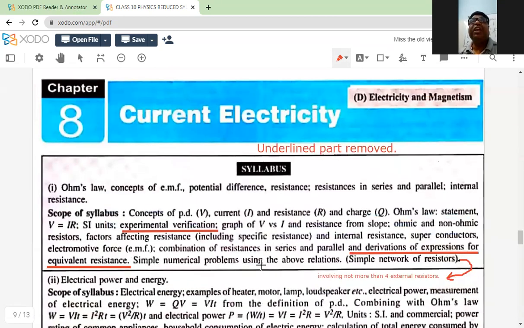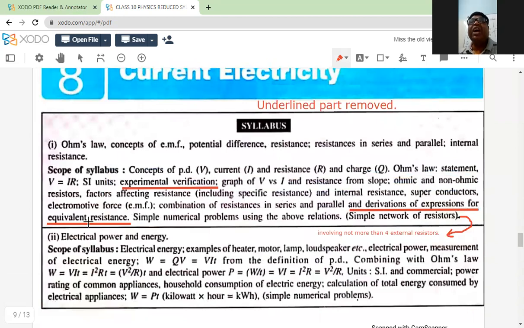Then in chapter 8, the underlined part has been removed. Experimental verification of Ohm's law has been removed. It's clear? Then one more thing here: derivations of expression for equivalent resistance, means when the resistors are connected in series and when they are connected in parallel, the derivation of expressions for equivalent resistance has been removed.